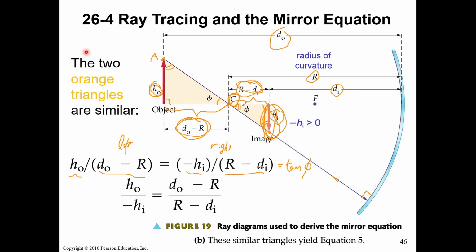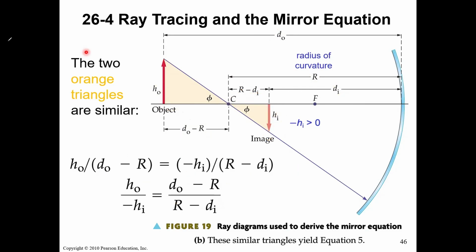Okay, so this is also tangent phi. So from here, we know that HO is known, DO is known, DI is unknown, and HI is unknown. R is known if we were given a mirror, okay? So we have two independent equations, and we can solve those unknown variables.